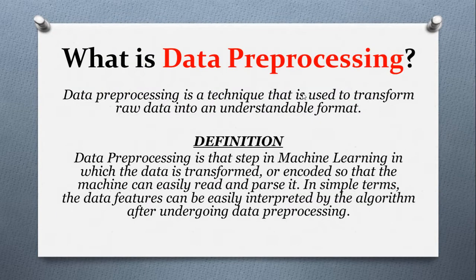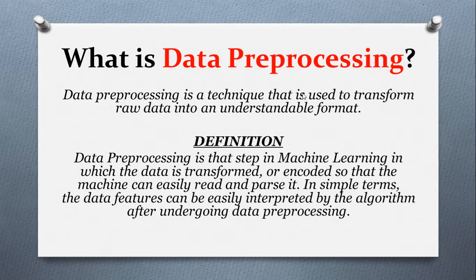Now let's move on to understand what is data pre-processing. Data pre-processing is that step in machine learning in which the data is transformed or encoded so that the machine can read and parse it. In simple terms, the data features can be interpreted by the algorithm after undergoing data pre-processing.